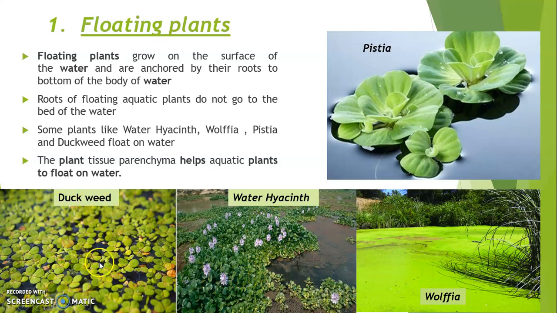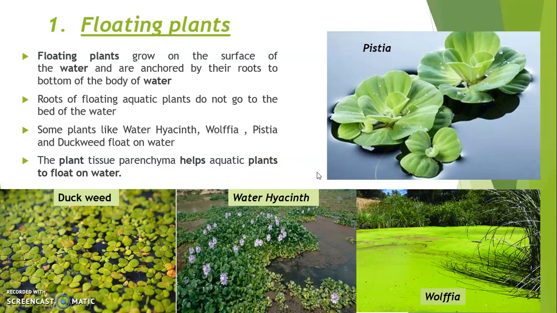See these small leaves, this is the duckweed plant. The plant tissue contains parenchyma that helps the aquatic plants to float on the water. The plants contain a tissue which helps them to float on the water. Also, these plants are very light in weight and so they can float over the water.